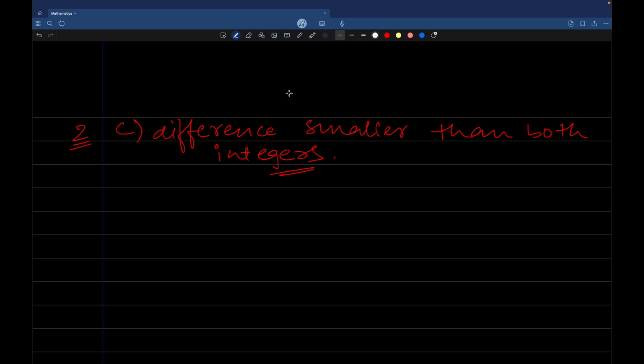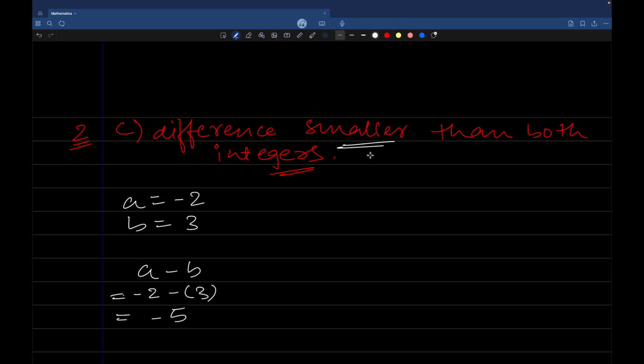We can take a equals -2, b equals 3. We have a minus b equals -2 minus 3, that is equal to -5.